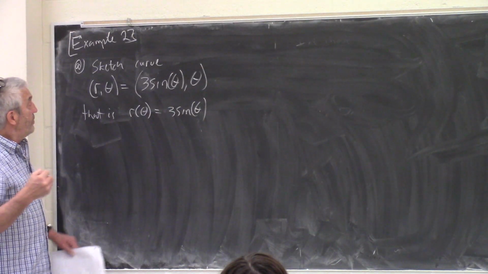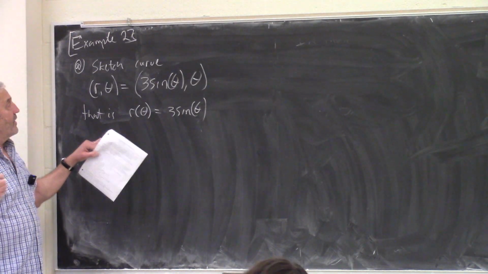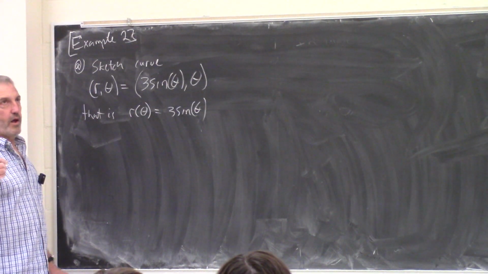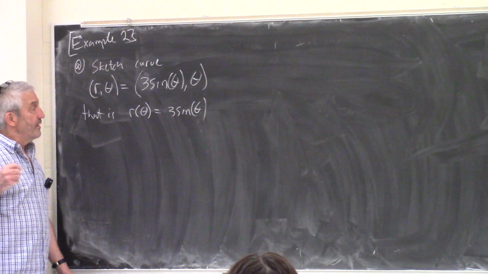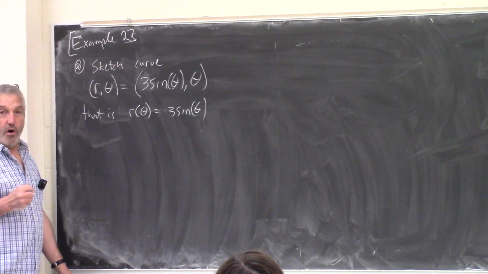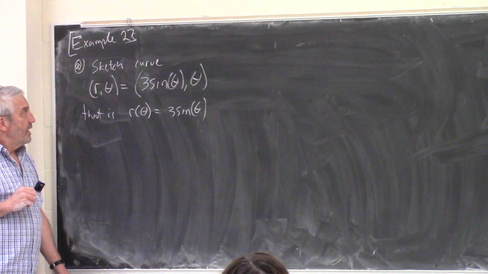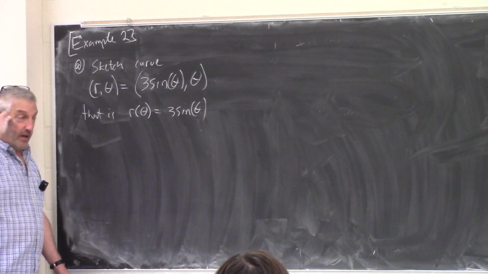Okay, so in the book, they sketch curves that are given in polar coordinates 2 different ways. One is they make a table of values of r and theta, and then they draw these things from that table of values. I'm going to do it the second way that they suggest.